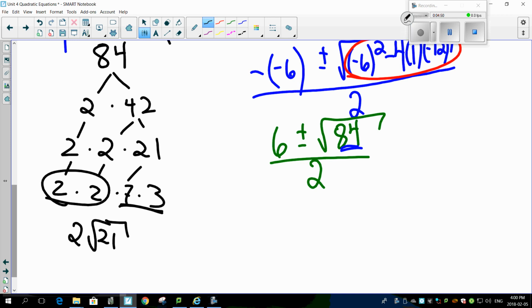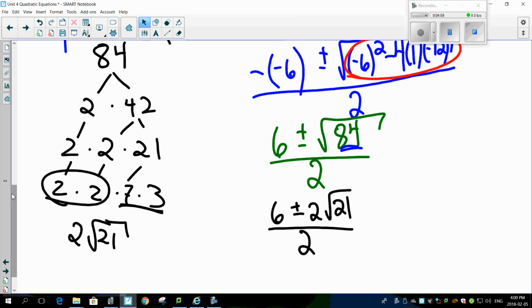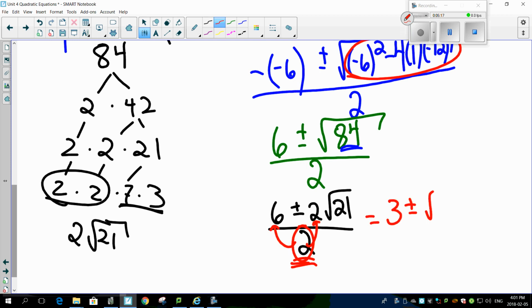There's your radical. So this becomes 6 plus or minus 2 root 21 over 2. Now, at this point, if you needed to find the decimal, which we have to eventually, I want to look at the radical form first. Now, notice 2 can go into 6 and this 2, leaving you 3 plus or minus root 21.